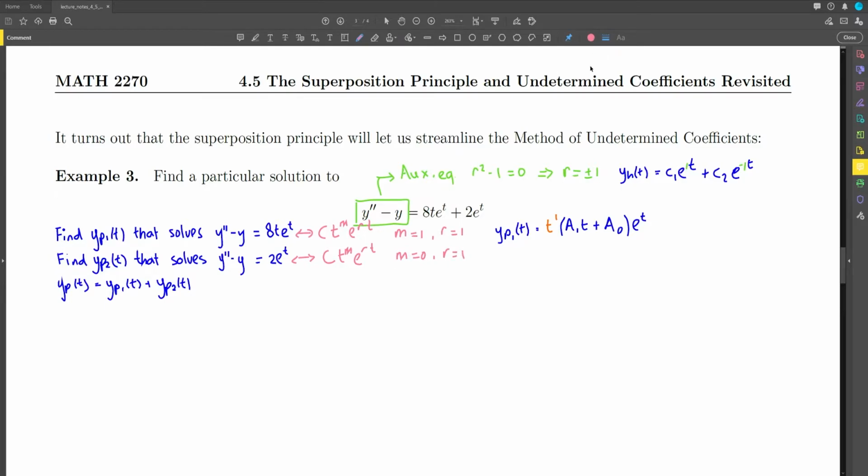And so our particular solution for the second equation is yp2 of t equals, and now we have t to the power 1, because this is a simple root of the auxiliary equation.